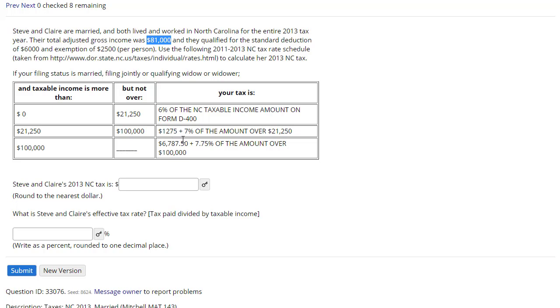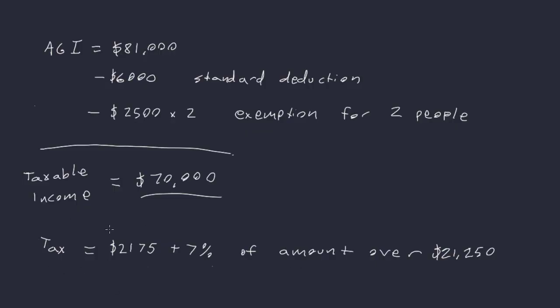It's 1275 plus 7% of the amount over 21,250. All right, so here I've written it in our workstation. Our tax is going to be 1275 plus 7% of the amount over 21,250. So to find that amount, I'm just going to call it AMT for amount. That's 70,000 minus 21,250, which is going to be 48,750.